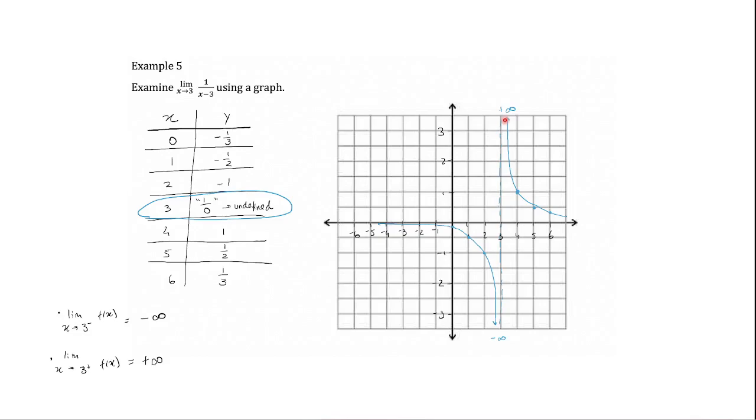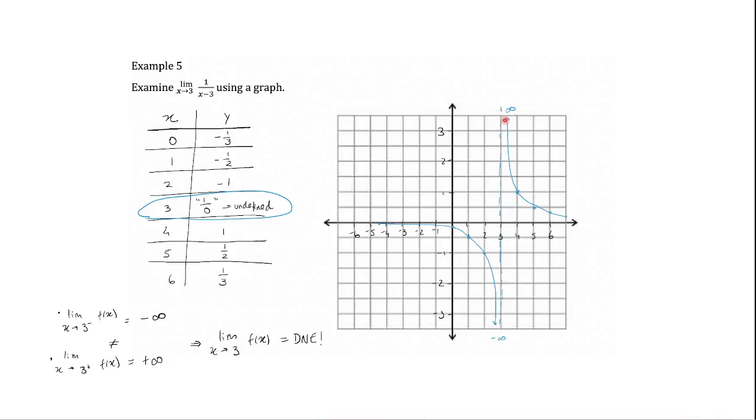And so here, once again, and this is always the case with asymptotes, or with most asymptotes, I should say, since these two limits are not the same, then we have that the limit itself does not exist.